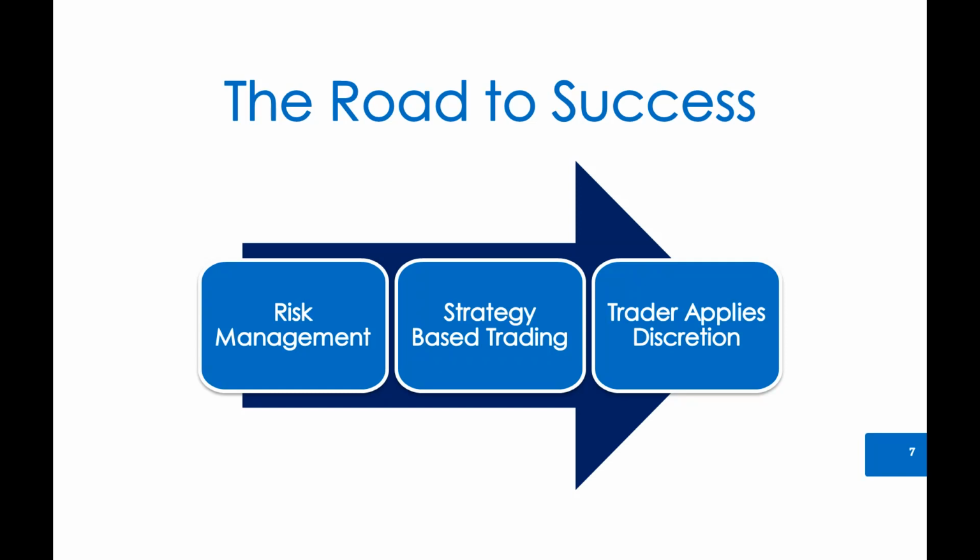You then need to have a strategy. Strategy-based trading is most definitely one of the key cornerstones or pillars to being successful in trading. A strategy is purely where to get in and where to get out of the market. So it's very important to consider the direction of the market first.